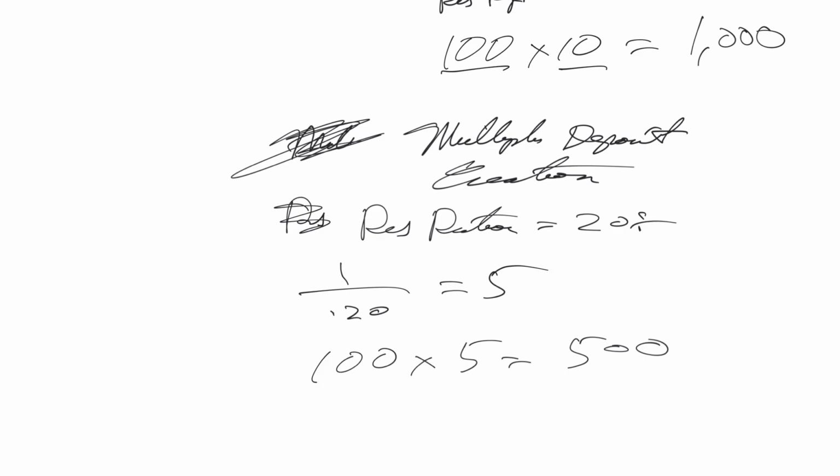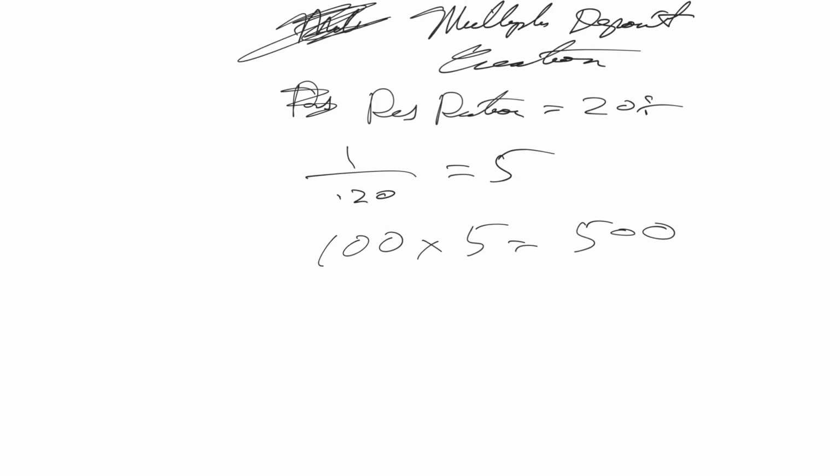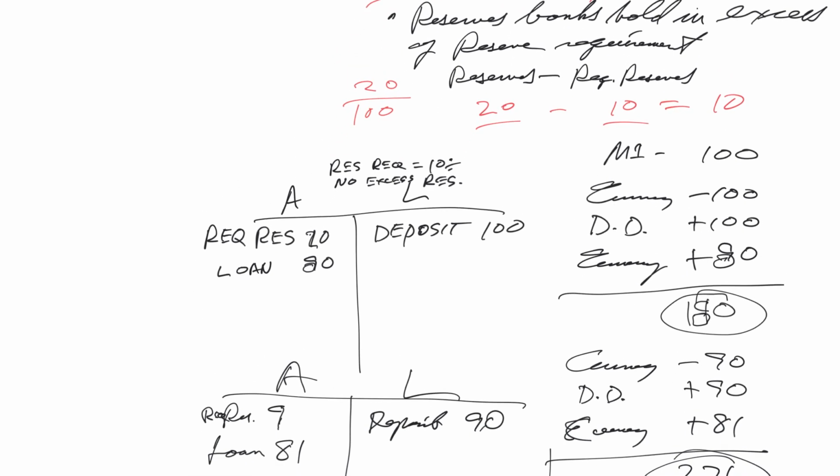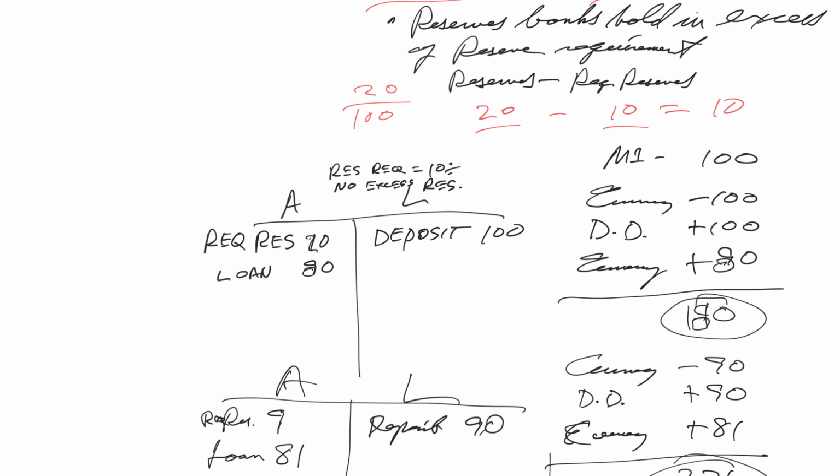Now, I probably don't have to tell you what would happen if it went the other direction. Okay, let's say the reserve requirement is now only 5%. Well, let me write it in here. That means when you deposit that $100, required reserves now are only $5.